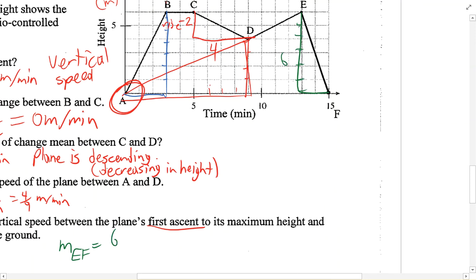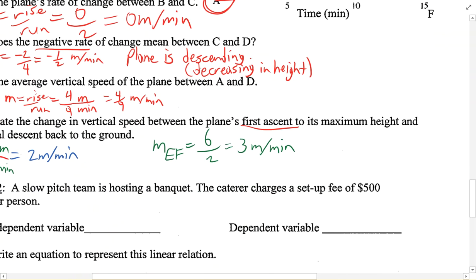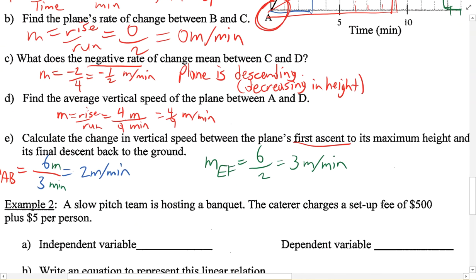Okay, so it'll be 6 over how many minutes? 2. So it'll be 3 meters per minute. Okay. And that would be -3. Okay. So we're going -6, -3.